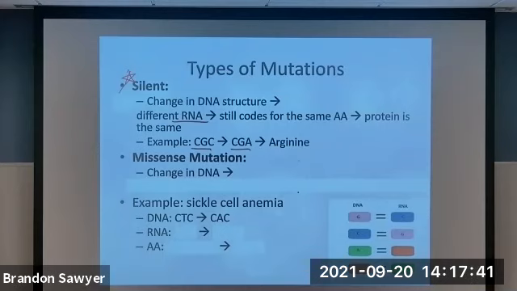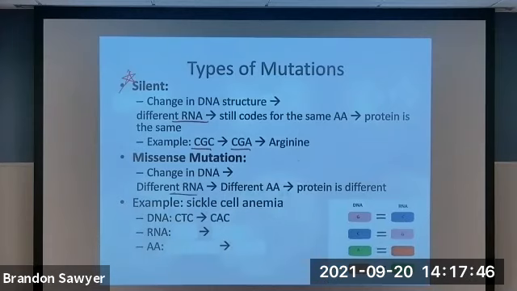Okay, but then there's what's called a missense mutation, where the DNA changes. Okay, it does result in a different RNA, and it also results in a different amino acid, which changes the structure of the protein. So for example, the one we had talked about, sickle cell anemia a little bit. Sickle cell anemia is rare in that it's just a single amino acid different. Okay, other mutations involve multiple amino acids, but this is one where it's just a single amino acid that changes.